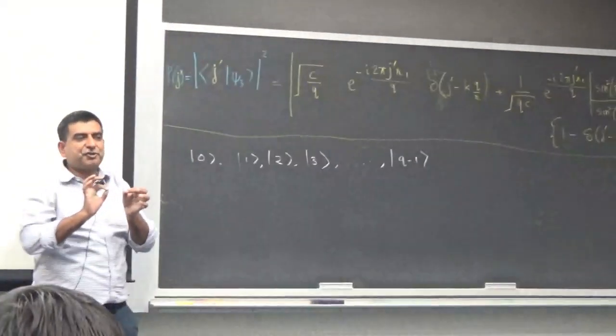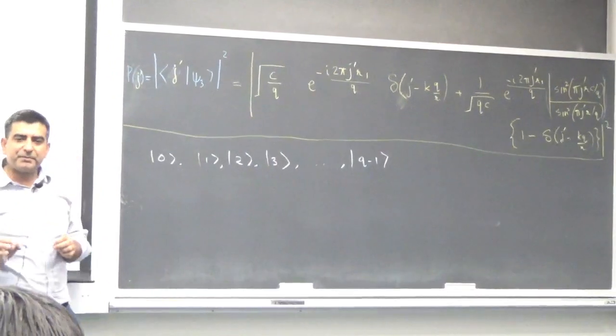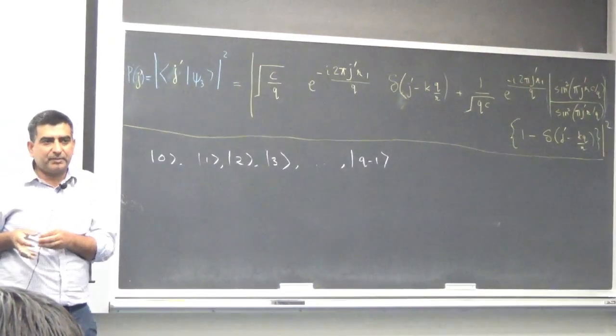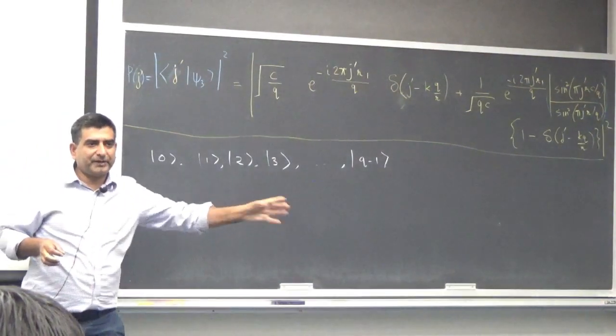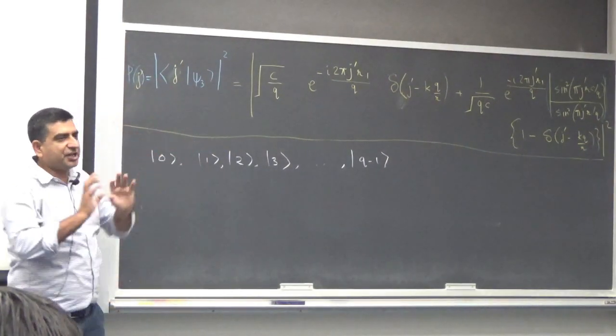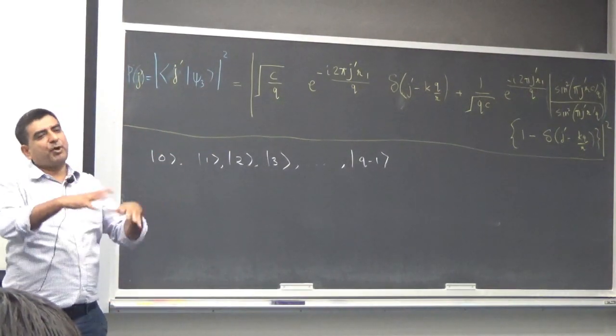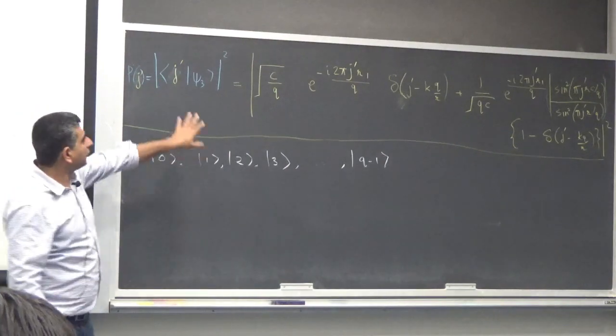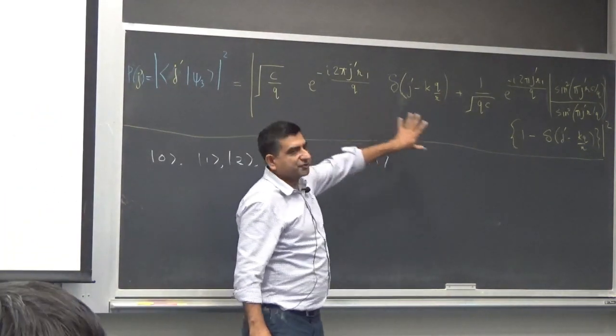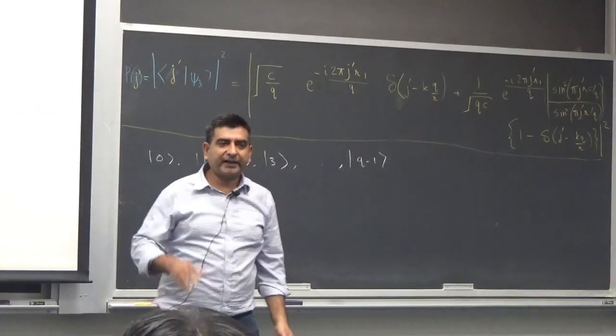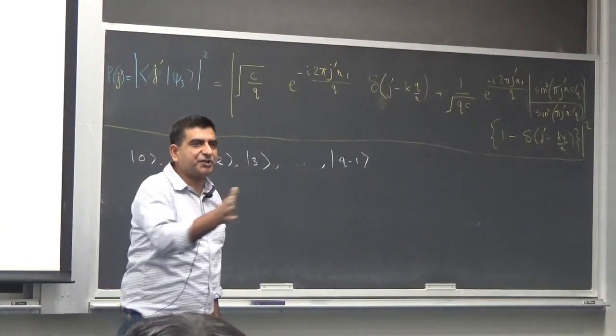I'm plotting this as a function of j prime. Now j prime is a running variable that can go from 0 all the way up to q minus 1. And for each of these j primes, I'm finding what the probability distribution function looks like. So I will plot this as a function of j prime.